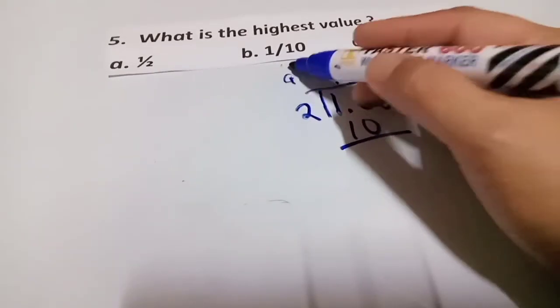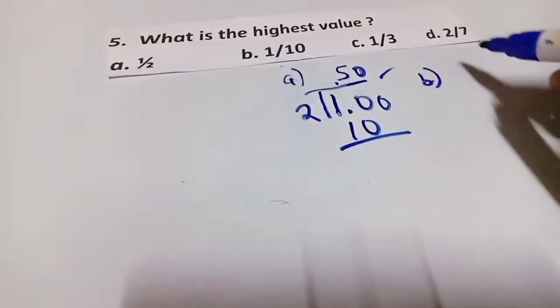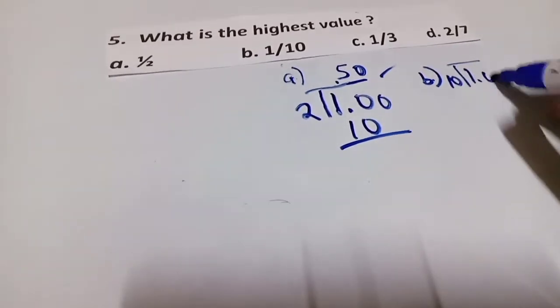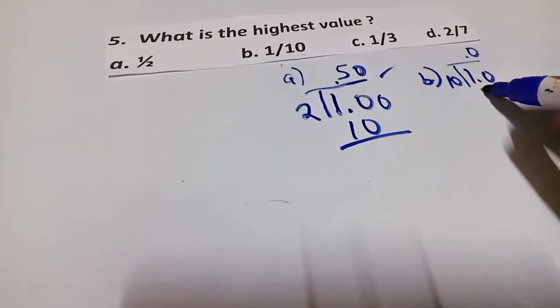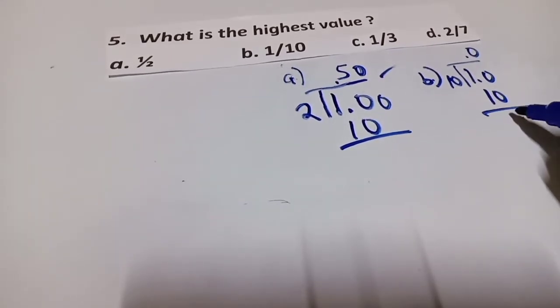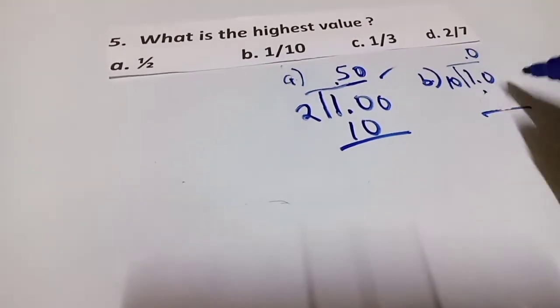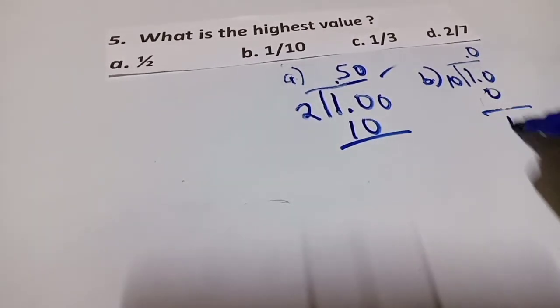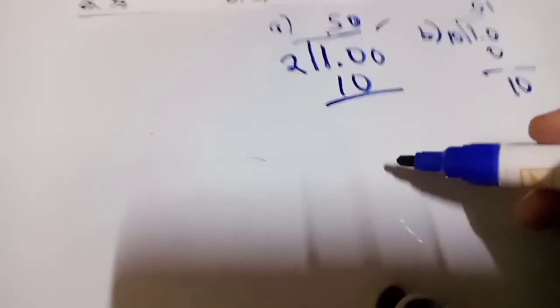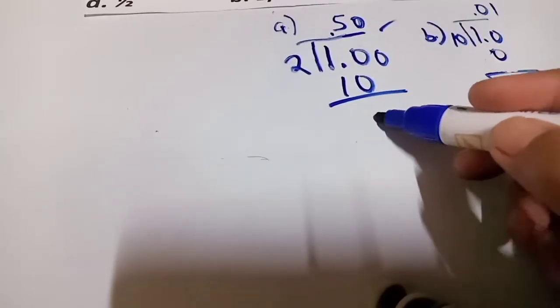This is for letter A. For letter B, we have 1 divided by 10, which automatically gives 0.1. Am I right?